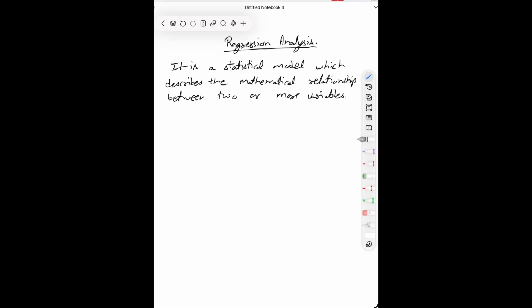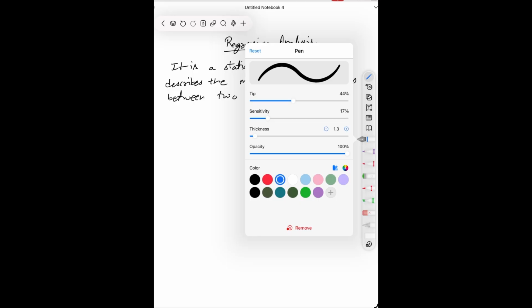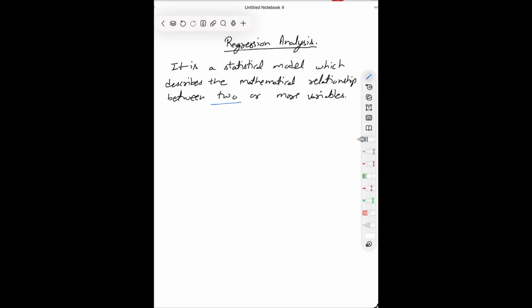Now, if we are saying that there are only two variables and the relationship has to be established between only these two variables, then it is a case of simple regression.